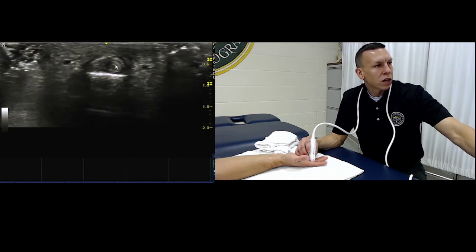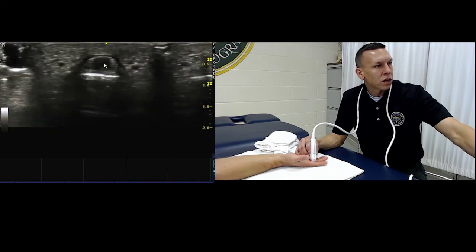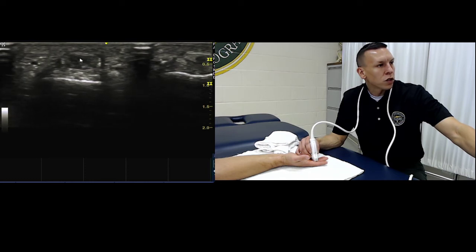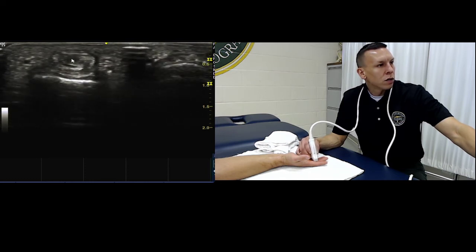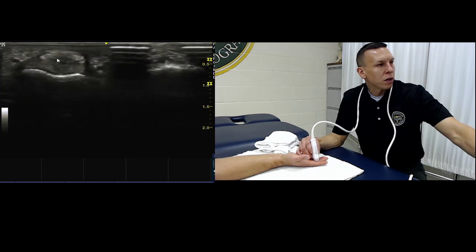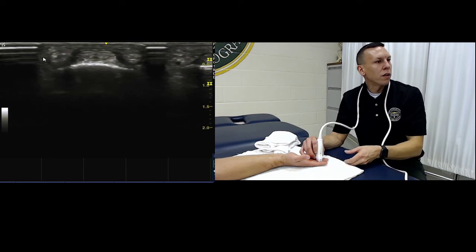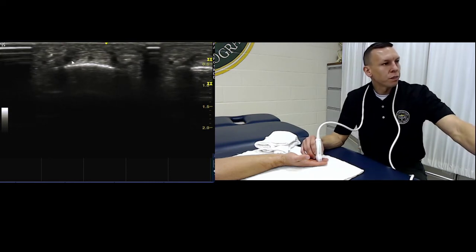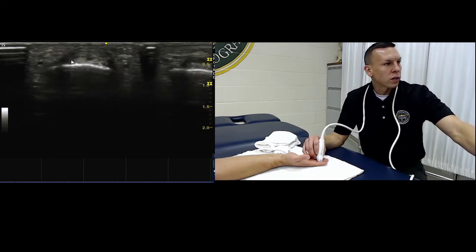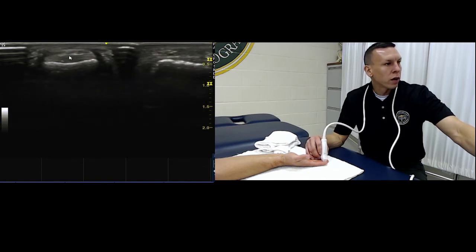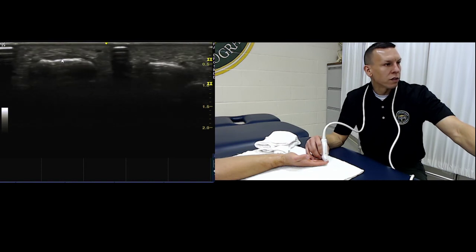It's pretty hard to see, and the profundus is going to move up to the top, more superficial, and then we have the superficialis on the lateral sides and the profundus in the middle. As you continue to move down the finger, the superficialis will attach to the middle phalanx, and the profundus will go all the way to the distal phalanx.